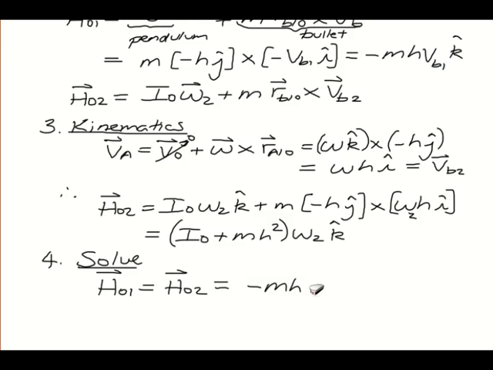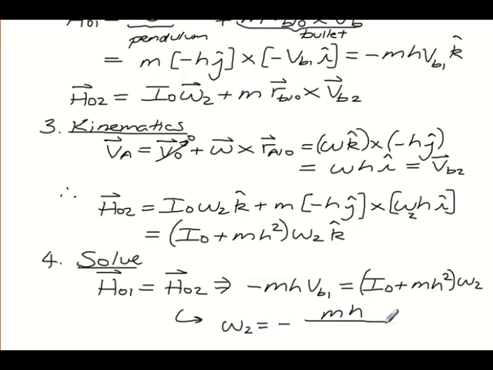So this becomes minus m h vB1, which is equal to IO plus m h squared times omega 2. So from this, we see that omega 2 is going to be equal to minus m h vB1 divided by IO plus m h squared.